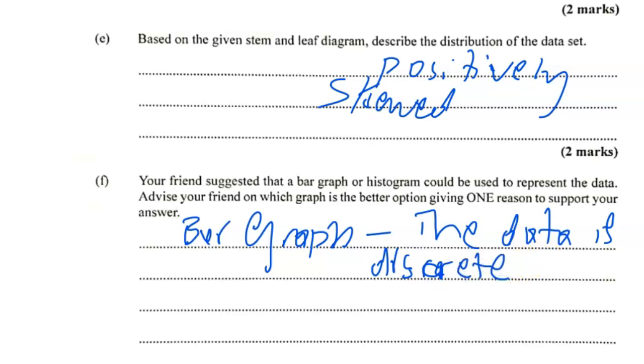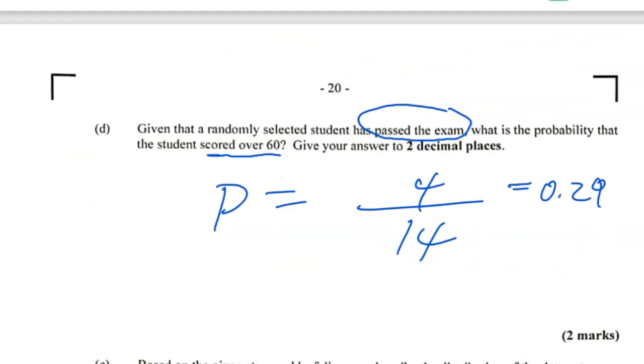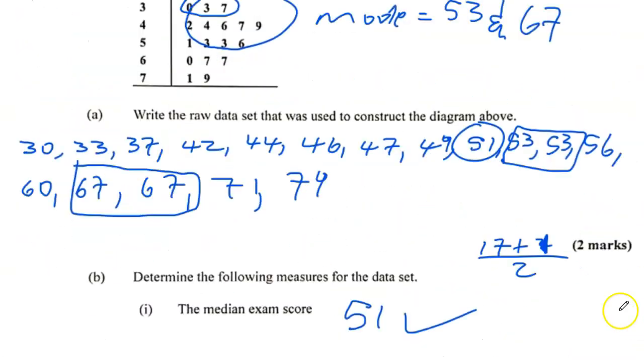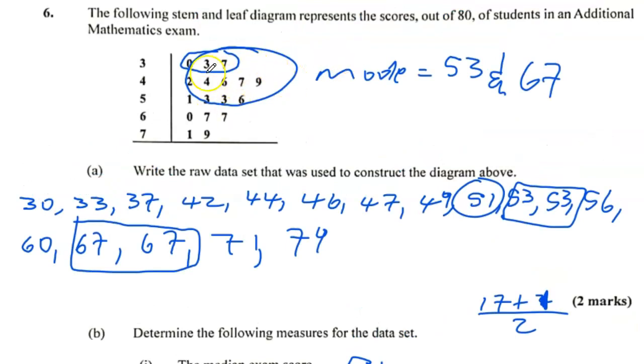Notice in the data we don't have any decimals. All the scores were given as whole numbers, so we assume it's discrete data. For discrete data, we use a bar graph. For continuous data, we use a histogram. That's it.